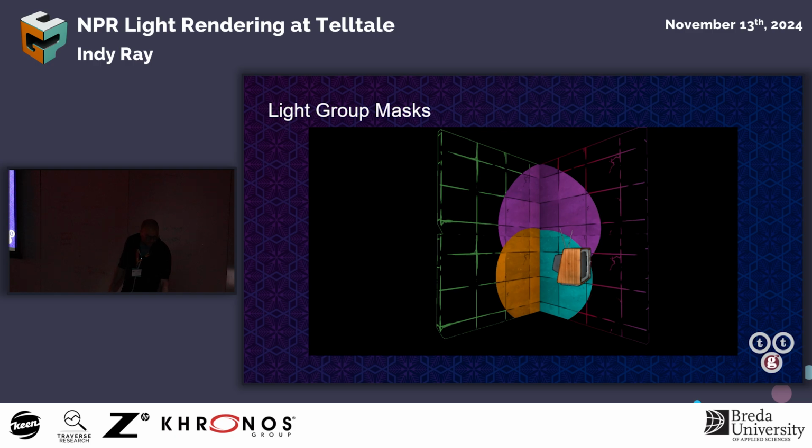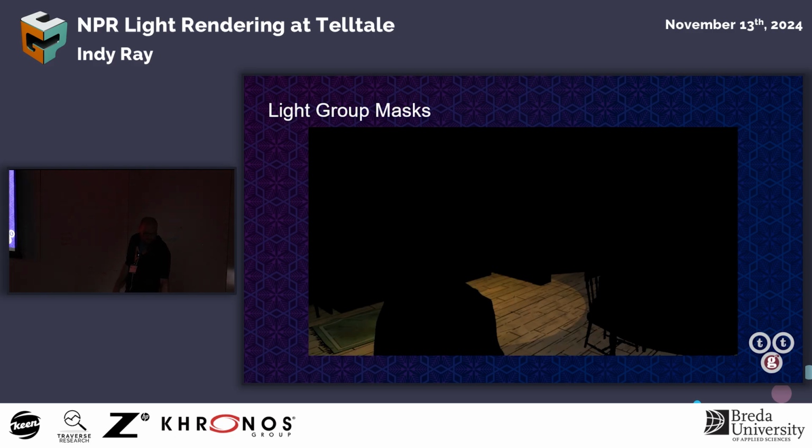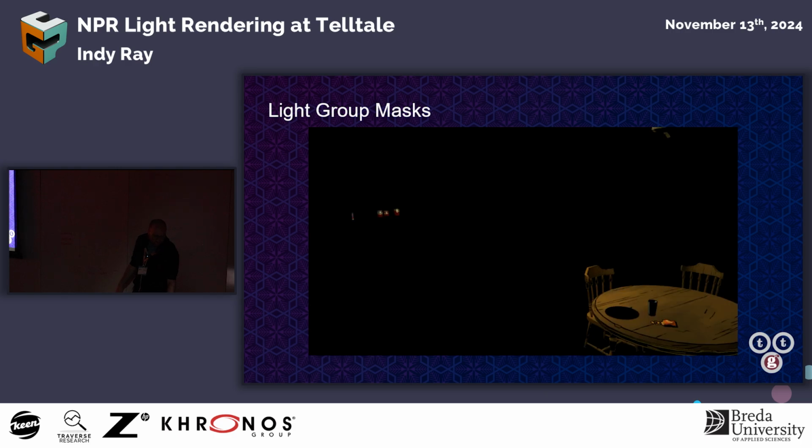To see a little bit how that can work in some scenes, I'll do a quick run through of the apartment scene and some of the light group masks that are assigned in it. Often a lot of the walls in one room may be on one light group mask. The floors are often separated, as artists like to paint certain shapes on the floors.